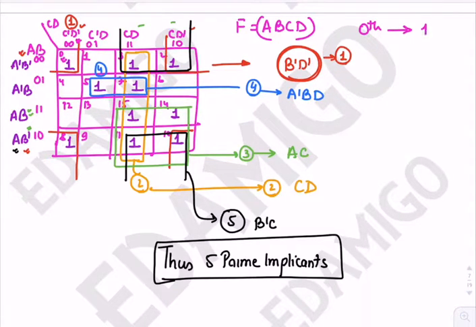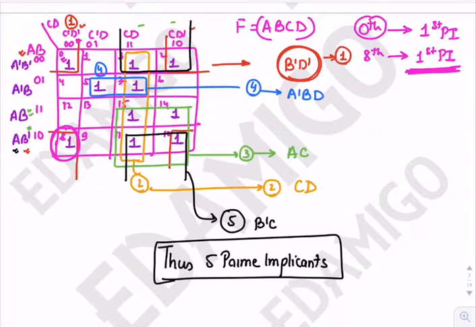It is covered by the first prime implicant. Eighth is also exclusive, so it is also covered by the first prime implicant. So the first prime implicant is covering two min terms exclusively, so it is an essential prime implicant.